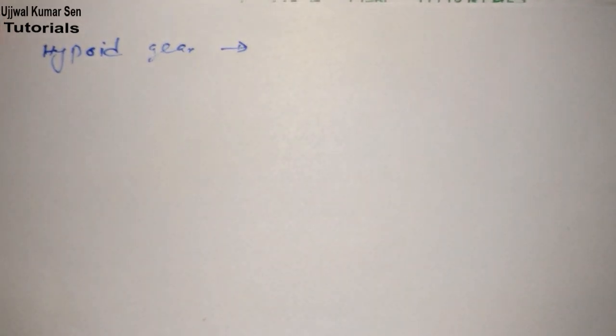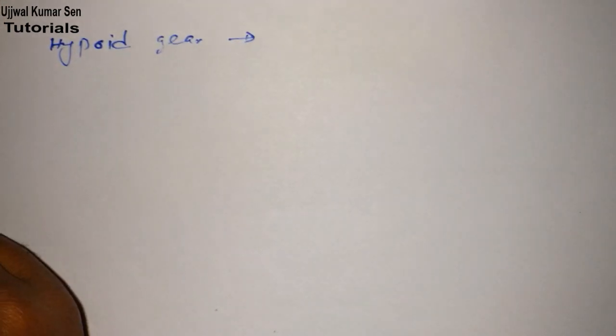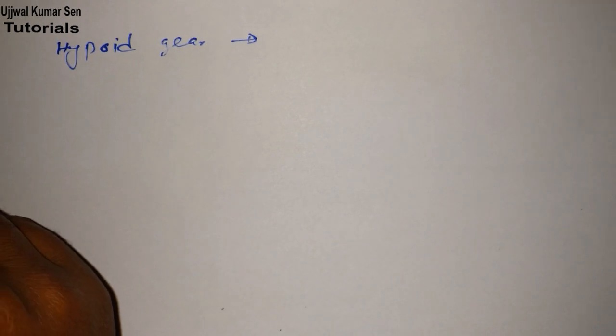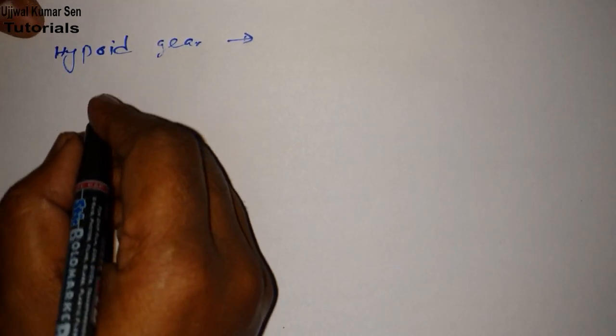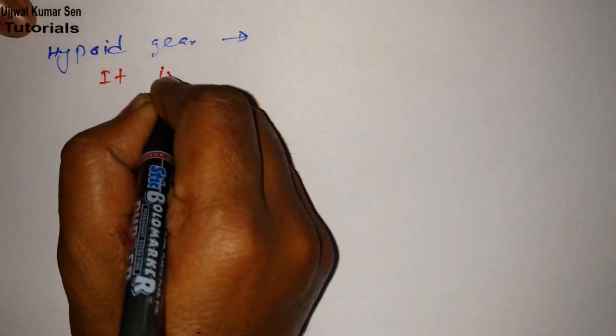What is happening basically in case of hypoid gear? Its definition is, it is similar to the spiral bevel gear but having non-intersecting axis.